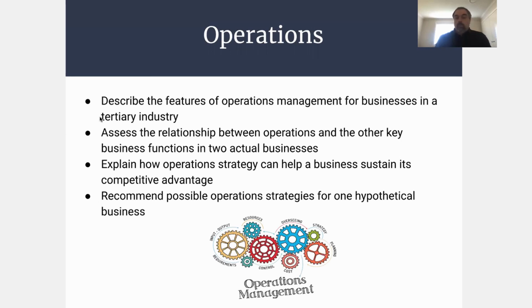So if we look at the first one there, it says describe the features of operations management for businesses in a tertiary industry. So this potentially could be a question as it appears here, or different variations of it. We look at the second one, assess the relationship between operations and the other key business functions in actual businesses.